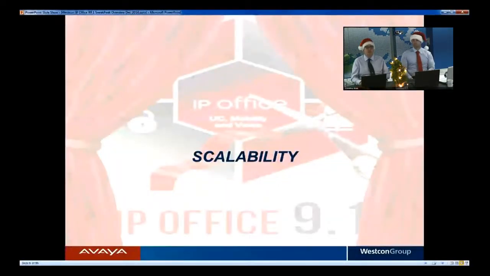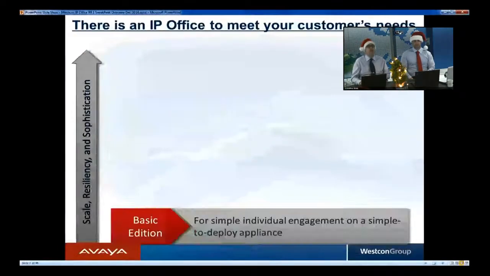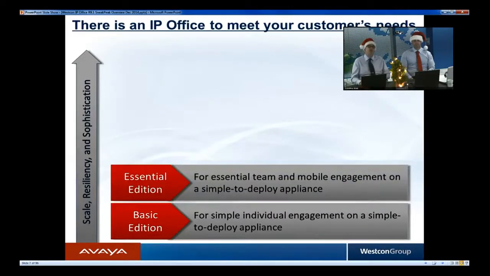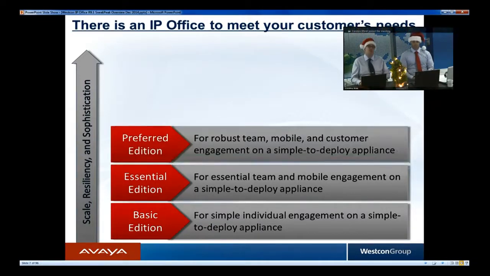What's happened with scalability? We had the Basic Edition, which goes up to 100 users. We then had the introduction of Essential Edition, which gave us 384 extensions on one system, but again, no collaboration and no desktop applications. Applications and desktop integration was brought to us by Preferred Edition.